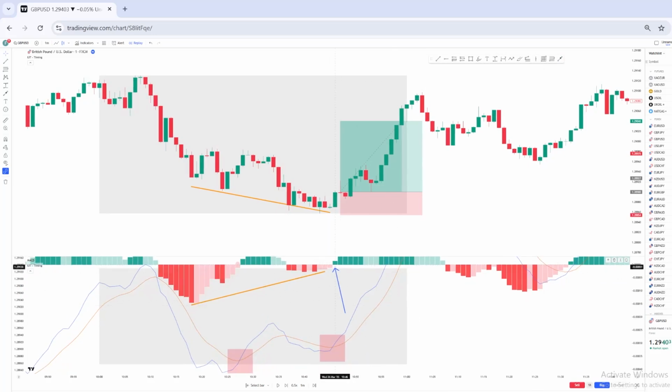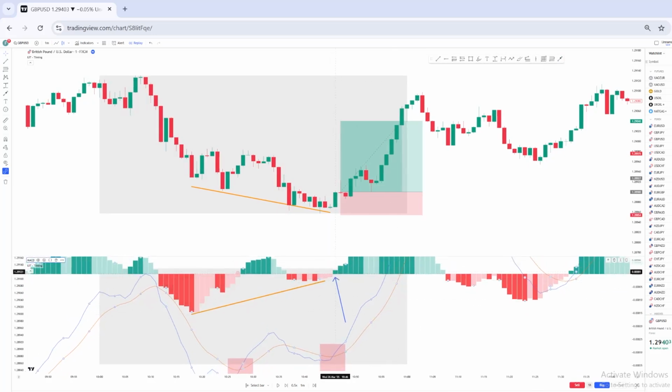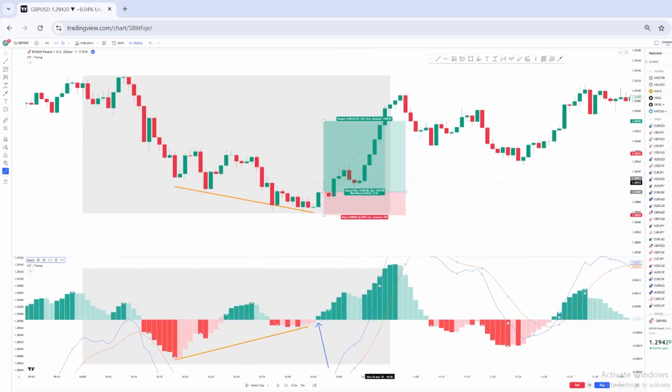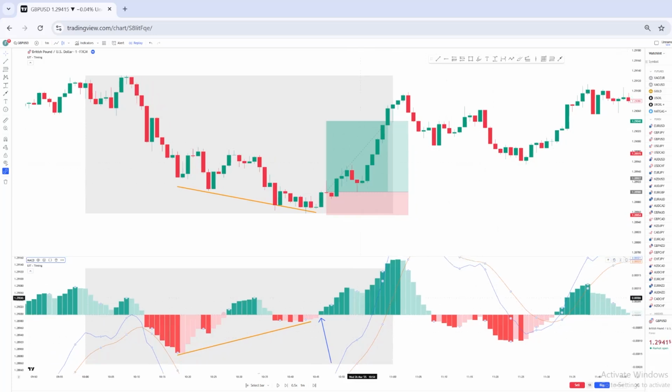That is when this bar closes. It is the same thing when this candle closes. Okay, so each of these bars are basically the candles. Okay, they signal if it's going up or if it's going down, right?